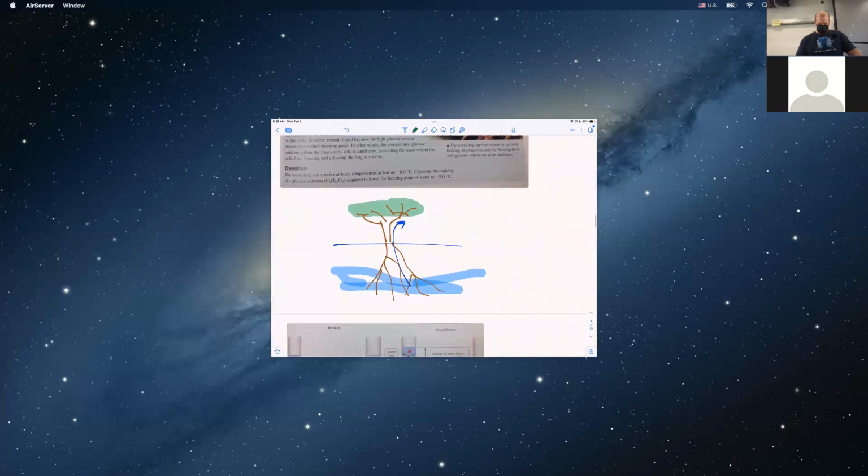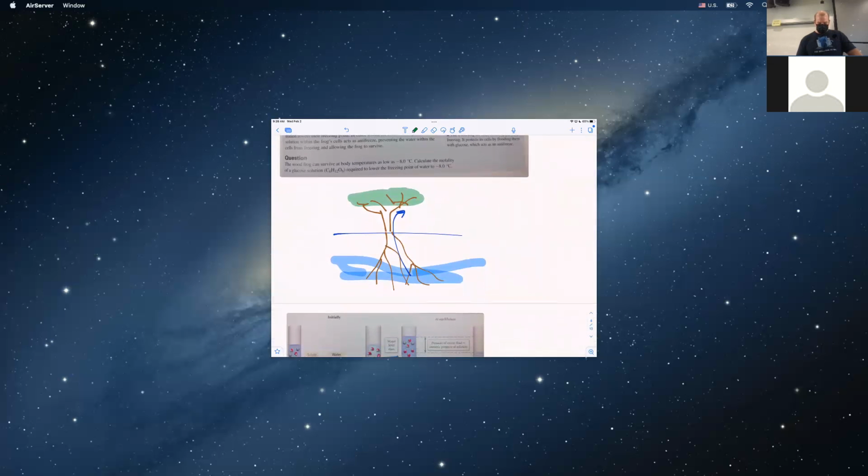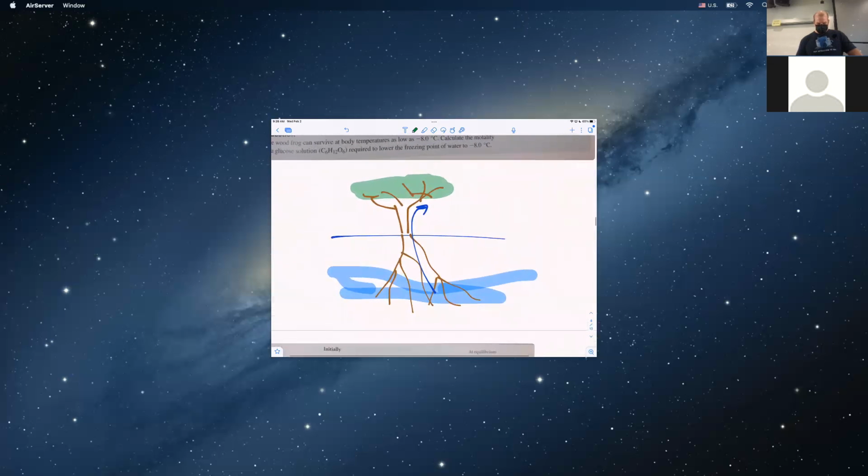Okay, and here's another drawing. We talked about colligative properties: vapor pressure, freezing point depression, boiling point elevation. The last one I mentioned was osmotic pressure. And this here is a tree. This is my PhD in chemistry artisticness, showing you a tree.